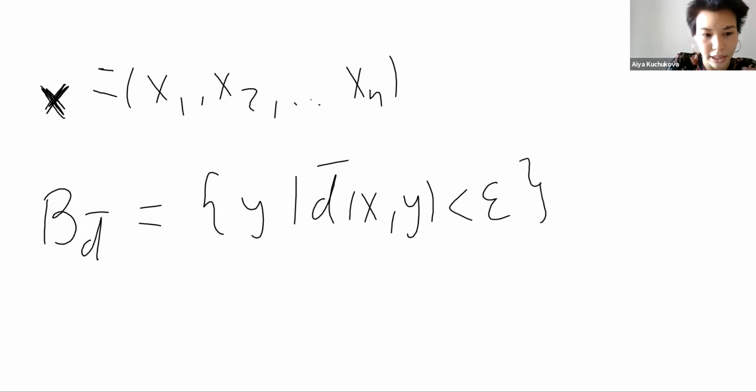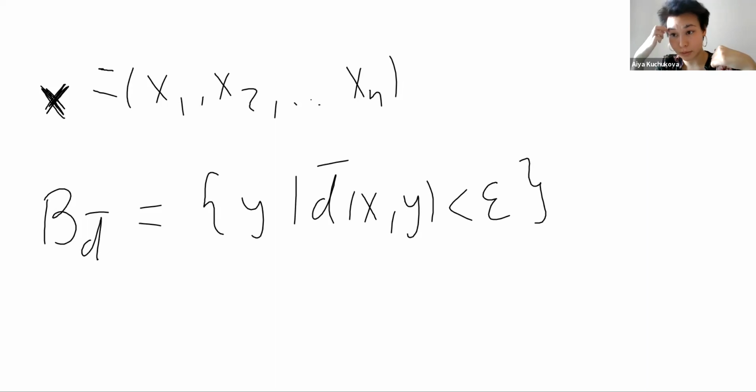I guess that would depend a lot on our epsilon. So usually we take epsilon quite small, and so if x and y were far enough from each other, then their distance would be just 1. And of course, 1 is bigger than epsilon, so they would never be in the ball.